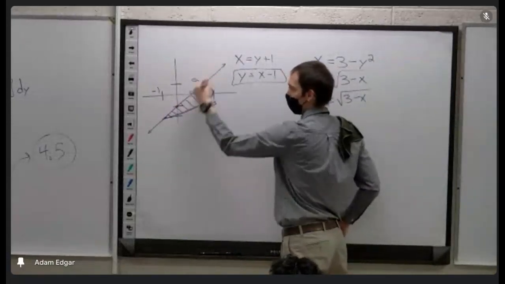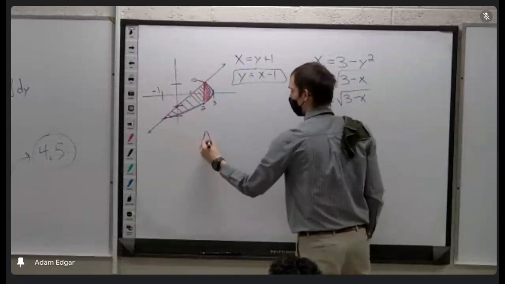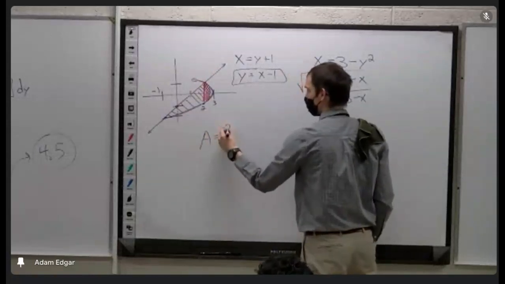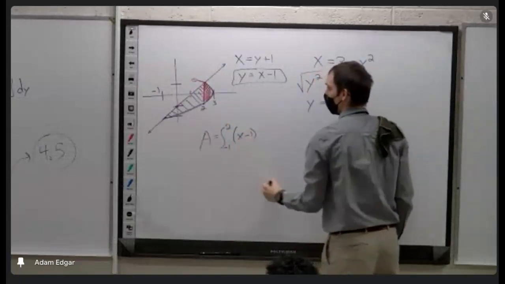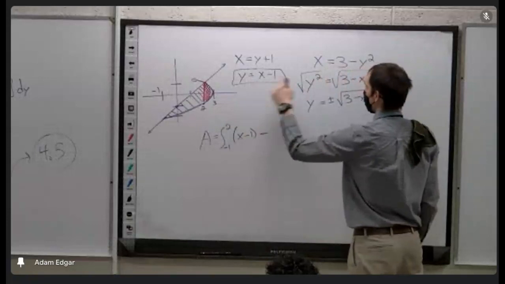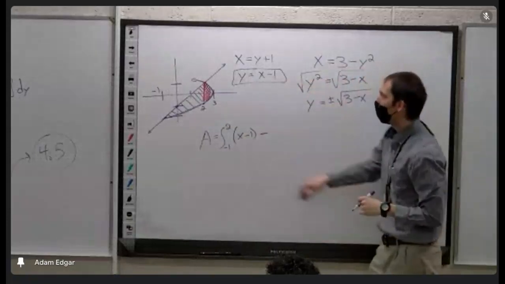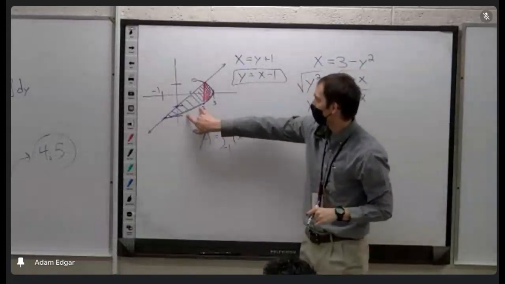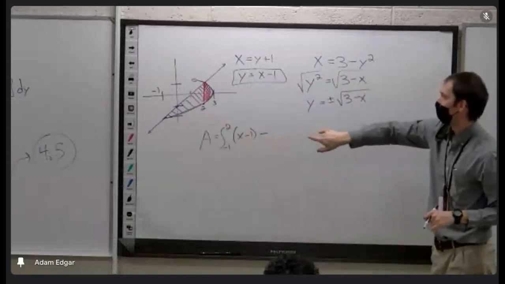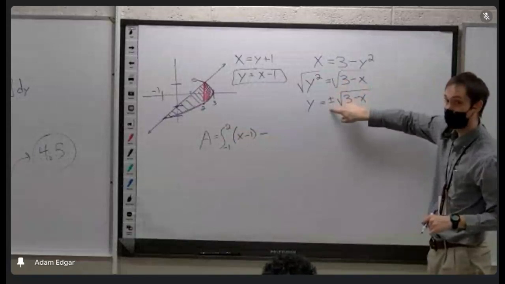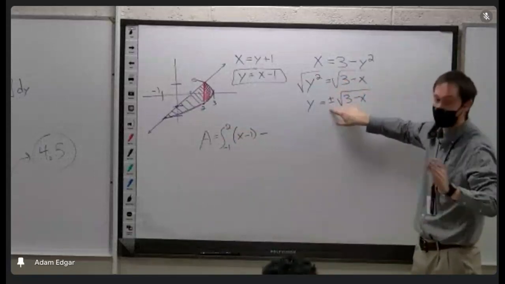The line. So we would have an integral from -1 until 2, where the line is on top, x minus 1, and the parabola is on the bottom. And what part of the parabola is underneath here? Is it the positive half or the negative half? The negative half. So that further complicates things.